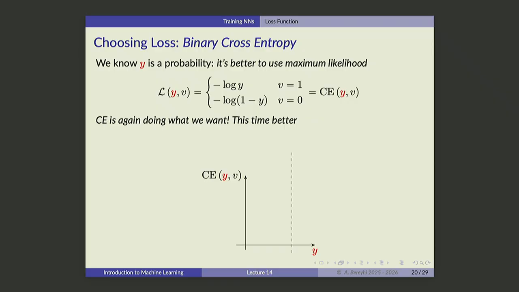Again, if the true label is 0 and your y is 0, it's the second line: 1 minus 0 is 1, so the loss is again 0. So the loss is as before. It's 0 when the output and the label are the same, and it's going to be large when they are different.